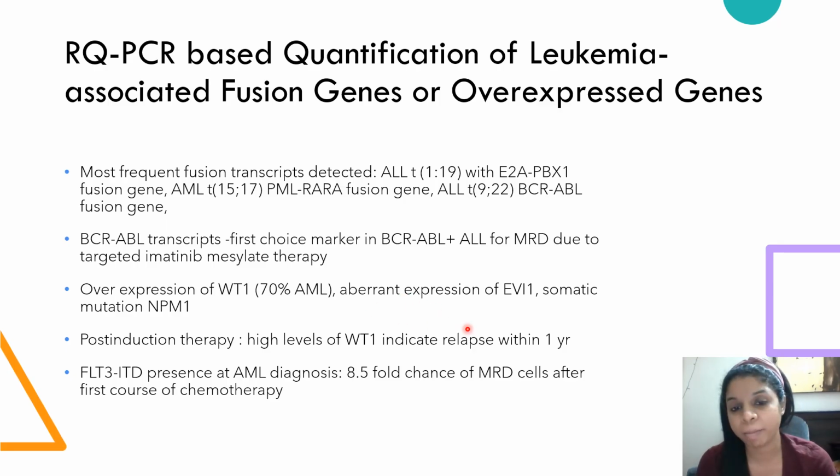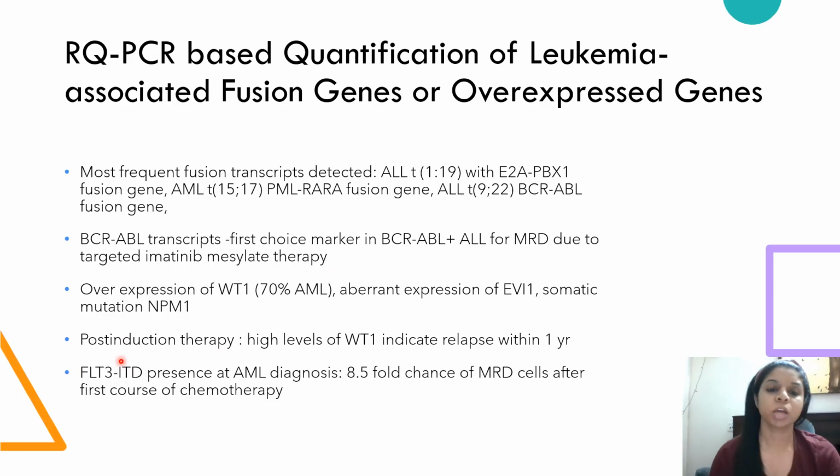Sometimes you might get aberrant expression of EVI1. And somatic mutation of NPM1 also can be detected by RQ-PCR. Okay. Post induction therapy, after you give the induction chemotherapy, if high levels of WT1 persist in the patient, then according to studies it indicates that the patient will relapse within a period of 1 year.